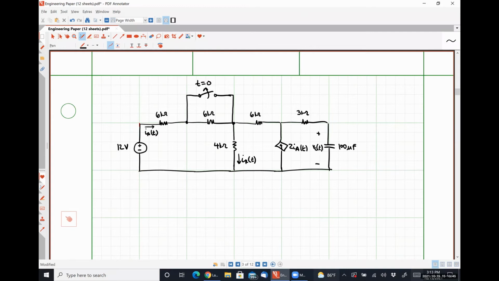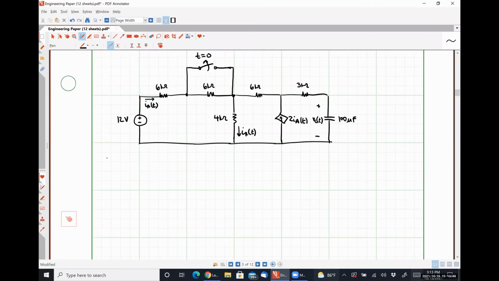All right, so step 1, let's analyze at t equal to 0 minus. So at t equal to 0 minus, our circuit is going to look like this, right? We have our 12-volt source here. We have a 6 kilo ohm resistor here. Our switch is closed, which means that second 6 kilo ohm resistor is short circuited, so I'm not going to draw it.